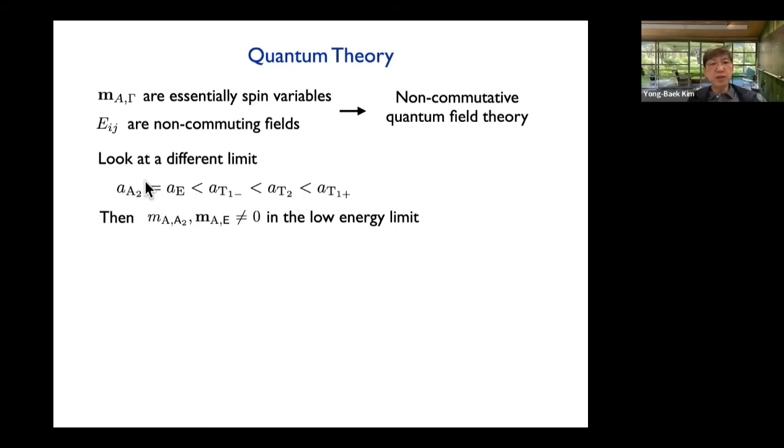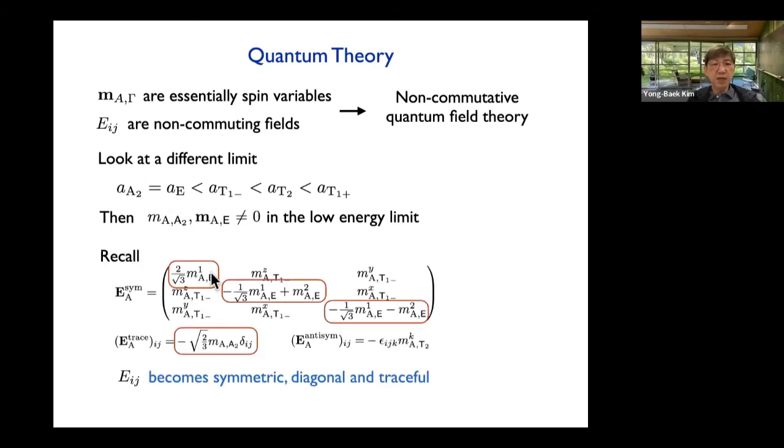So there is one A mode and 2 E modes. Remember that. So if you do so, then it amounts to keeping only the diagonal components of the symmetric part of the electric field tensor, and then we keep the trace part, but we ignore the anti-symmetric piece.